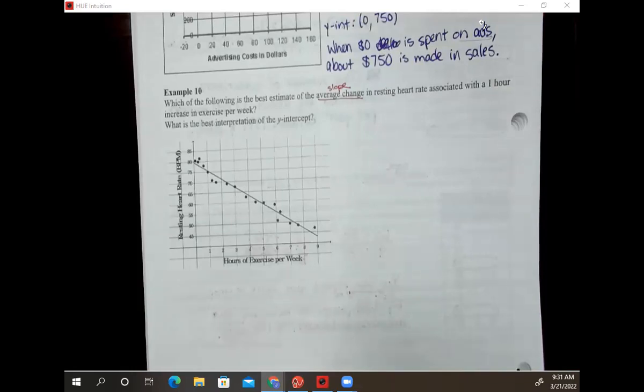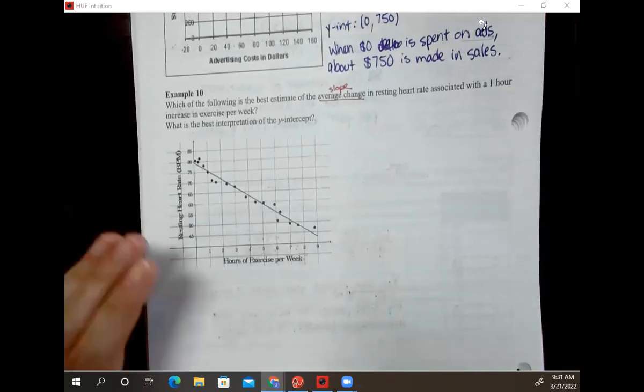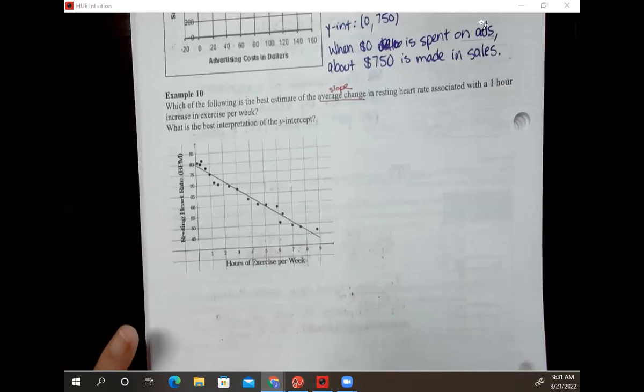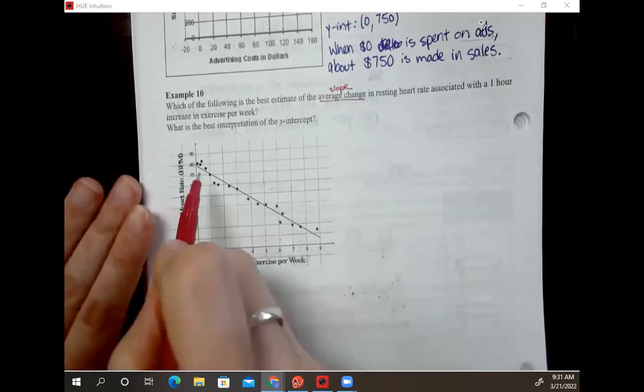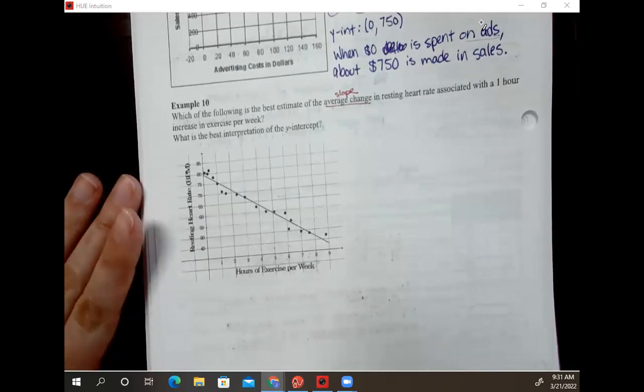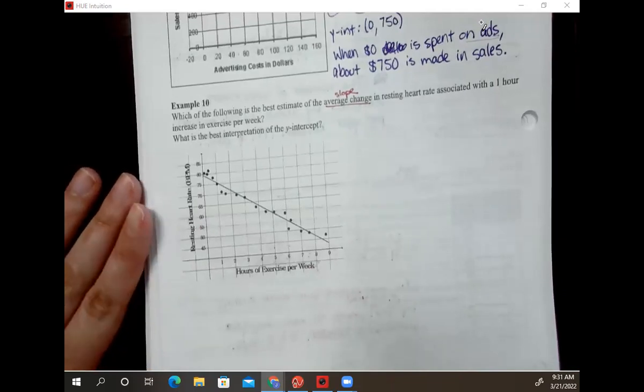So if I want to estimate the average rate of change in resting heart rate, I need to pick 2 nice points from this graph and find the slope between them, right? This is just slope. We don't have a table this time, and it doesn't give me specific values like the last example did. So from my line, I'm going to find 2 decent points and find the slope between them.